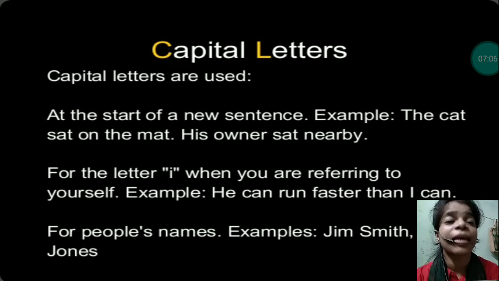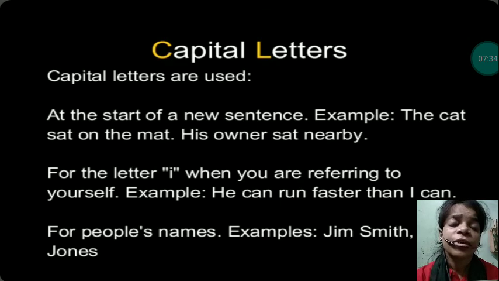Now next one is capital letters. It is also a part of punctuation. First, at the start of a new sentence: whenever we start a new sentence, we begin it with a capital letter, like "The cat sat on the mat." Then "I" is an exception. Wherever we write I, it is always written in capital letter.